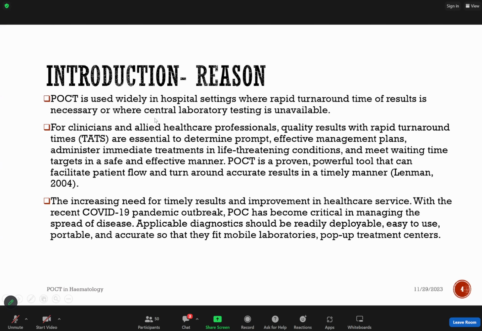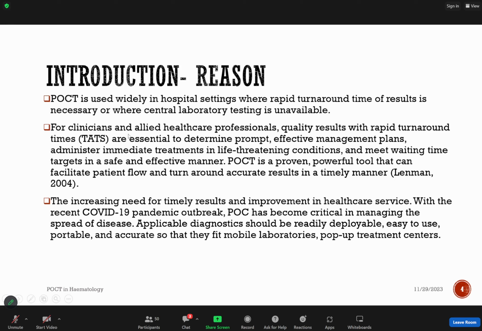As for the reasons why POCT is used, this is actually input from journals. POCT is used widely in hospital settings where rapid turnaround time of results is necessary or where central laboratory testing is unavailable.